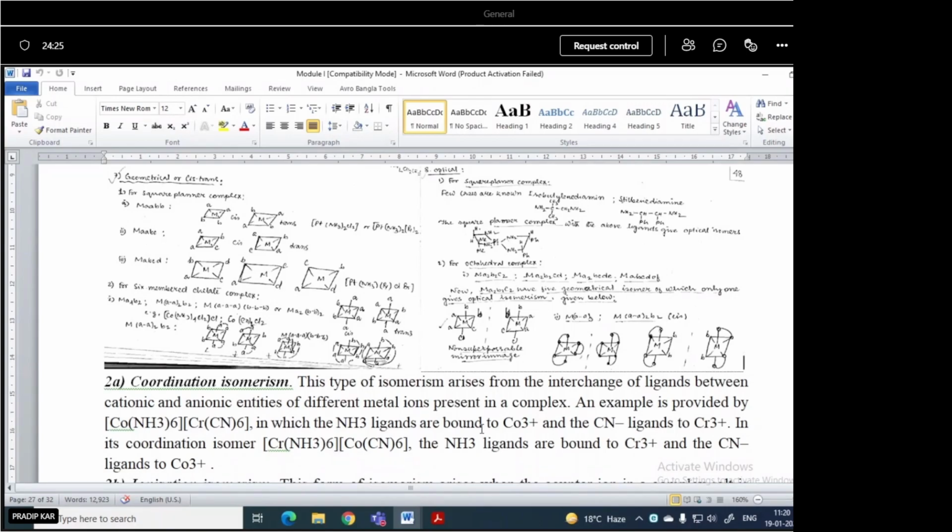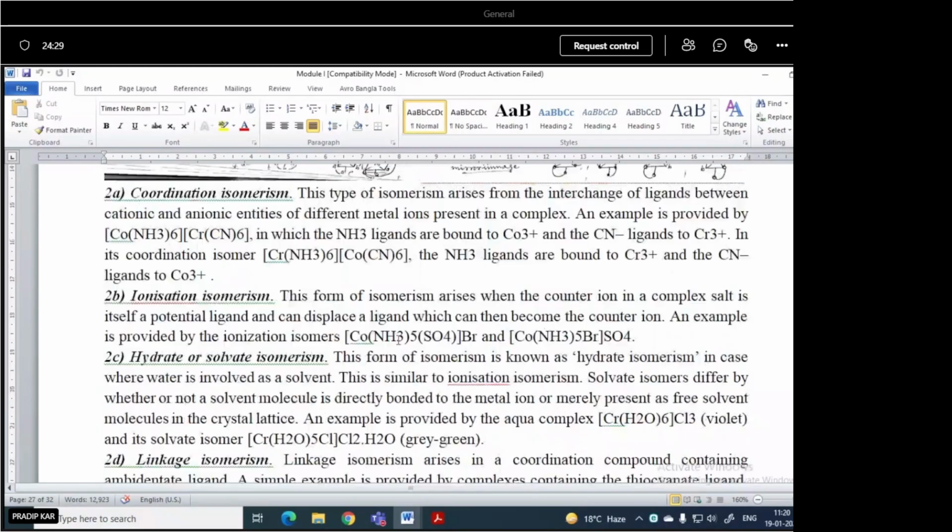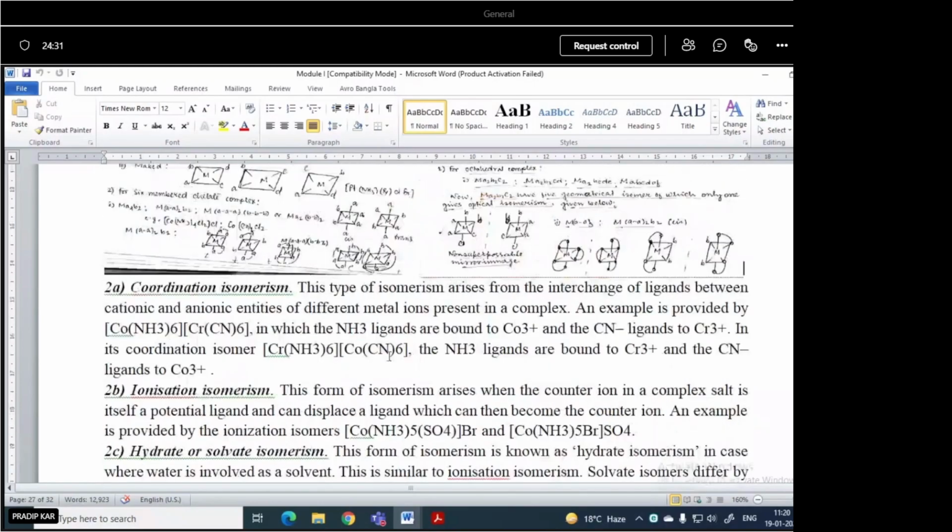Okay. Up to this point we have explained the structure, geometrical isomers and optical isomers of coordination compounds.